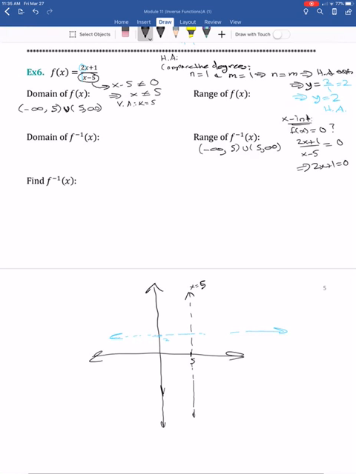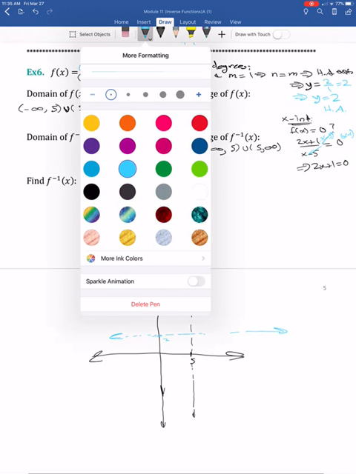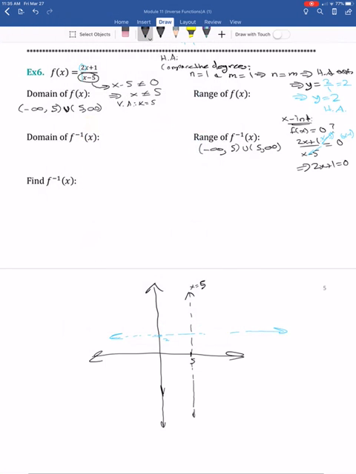We go ahead and clear out the fraction, multiply both sides by x minus 5, and we would have 2x plus 1 equal to 0. As we solve for x, I got 2x equal negative 1, x equal negative 1/2. So negative 1/2, 0 is an x-intercept point for this graph. Let's go ahead and plot that point.